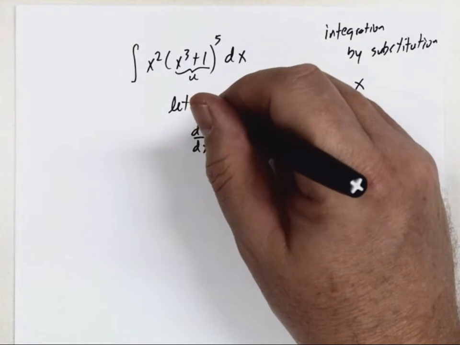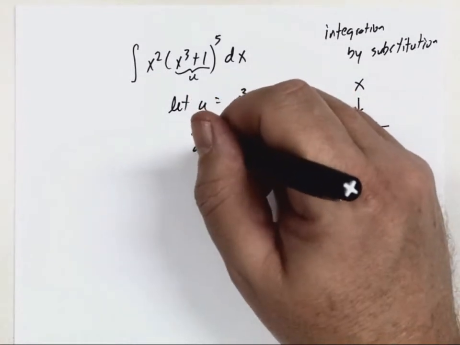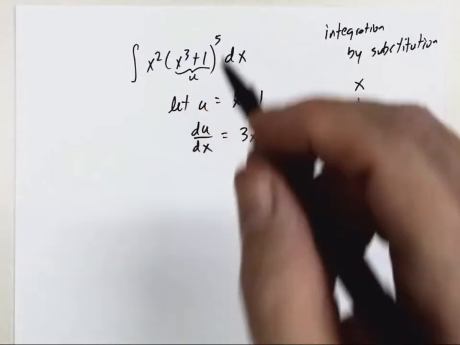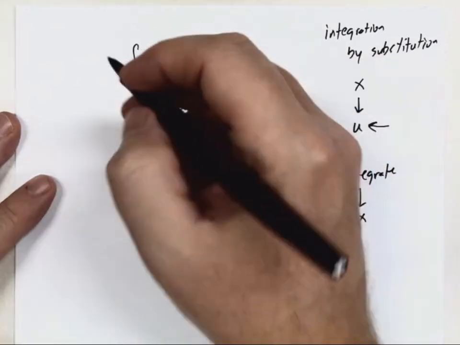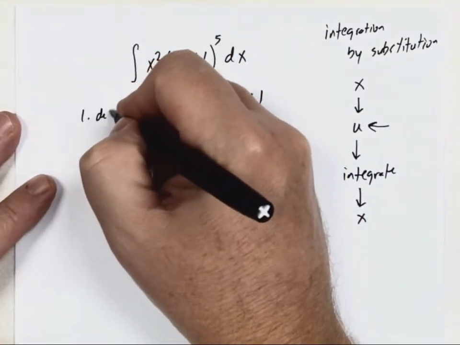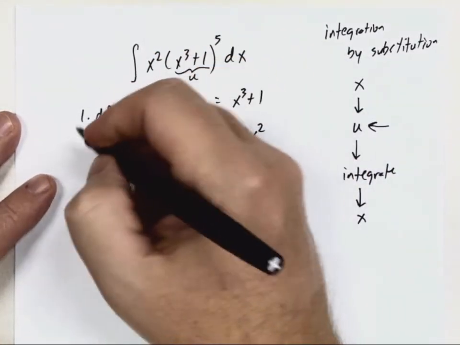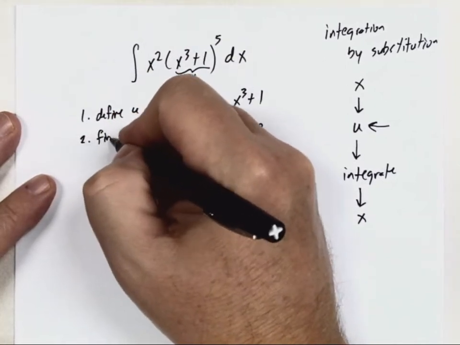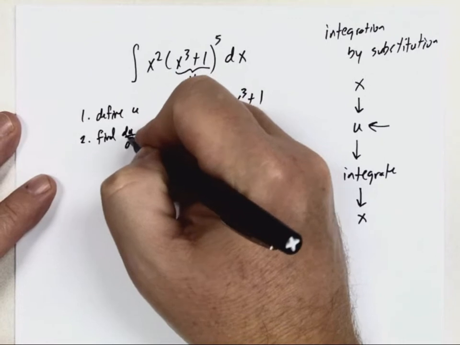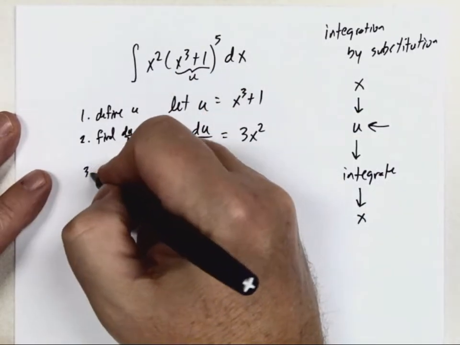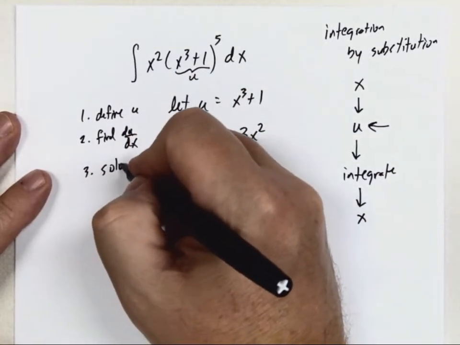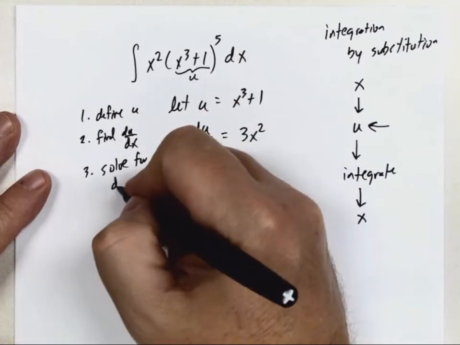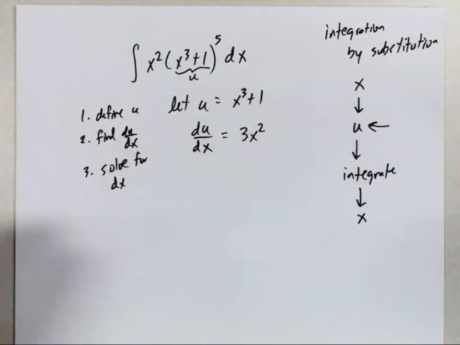And what I always do now, so this is the same step you do every time. You define your u, then you take the du dx, and then, so I'll say, let's do steps. Define the u, find du dx, and then the third step, solve for the dx. In other words, get the dx by itself.